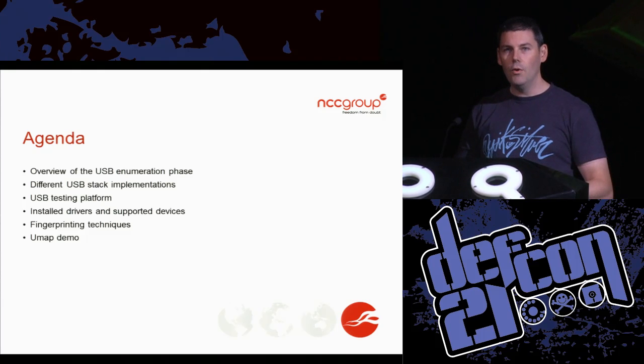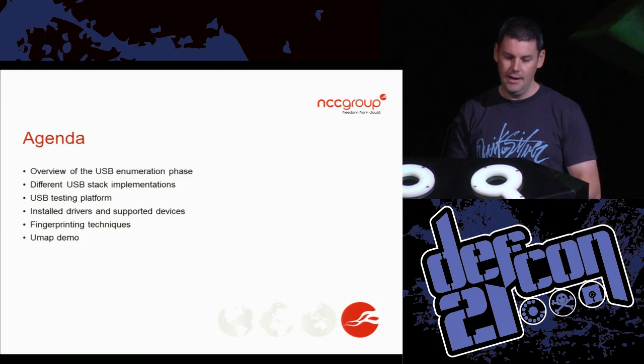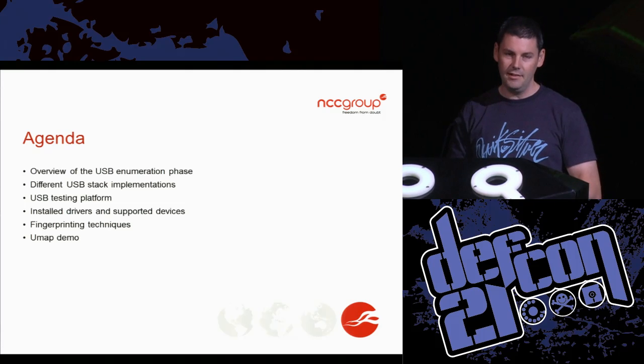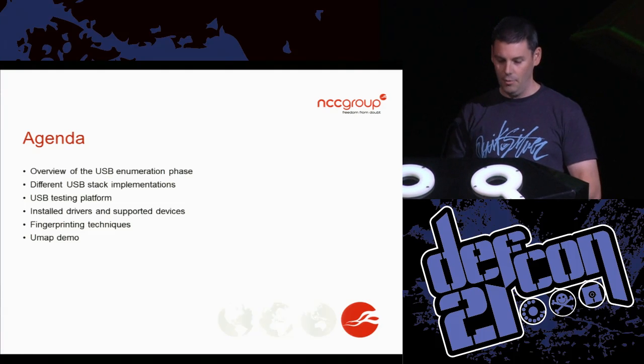But you want to find out as much as possible about that driver stack and the drivers that are installed prior to doing any kind of active fuzzing. Because as we'll get into a bit later, it's a much slower process, fuzzing USB rather than fuzzing network services, that kind of thing. So the more information you can gather prior to starting fuzzing, the more effective the process becomes.